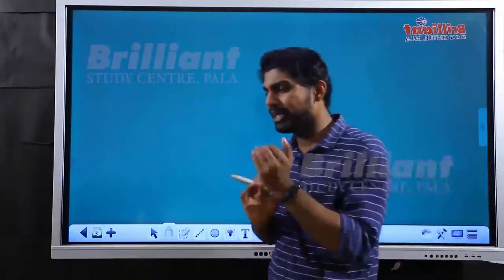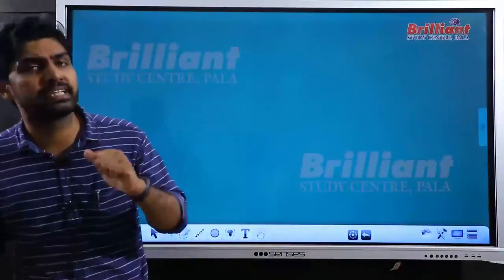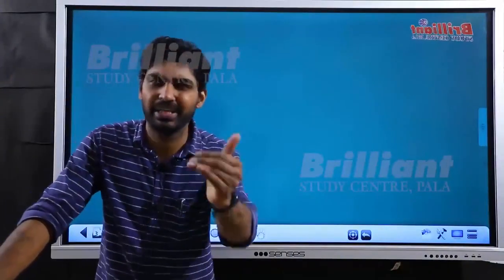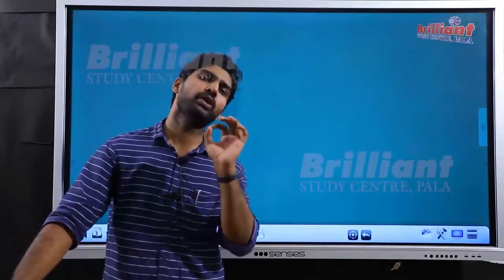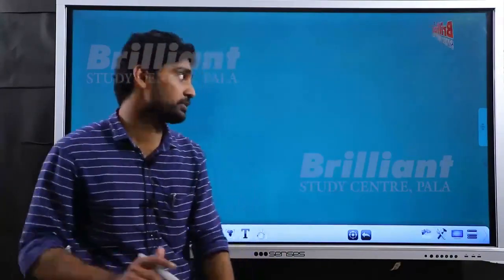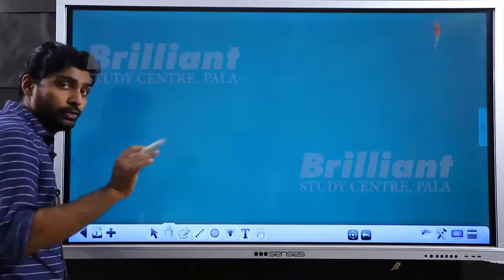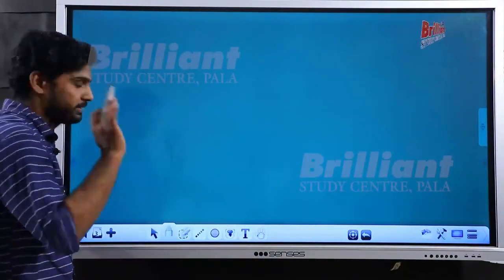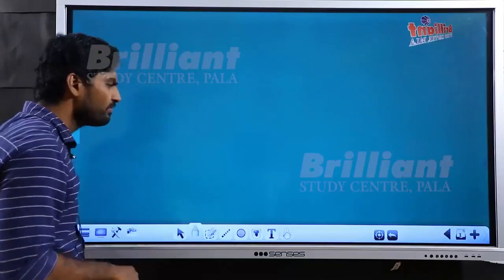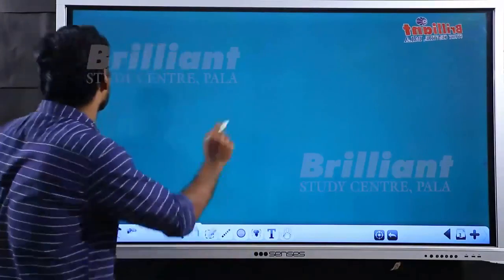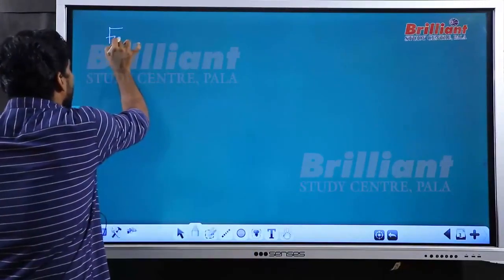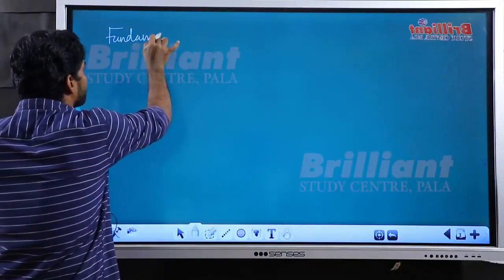So depending on that classification, we can classify units also into fundamental and derived units. Now, how do we do that? How do we classify? Let's see.